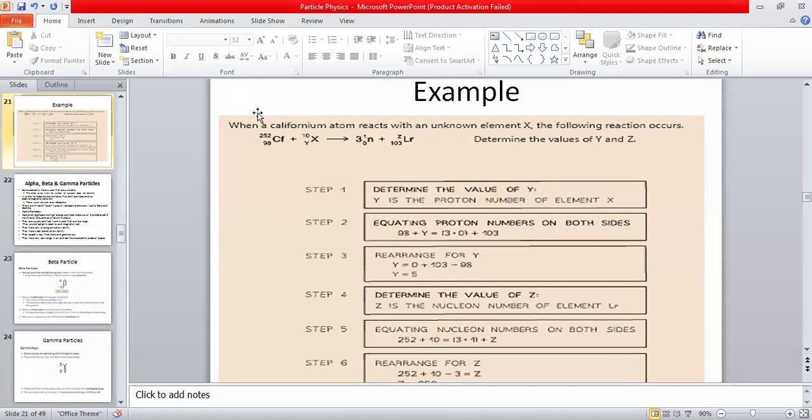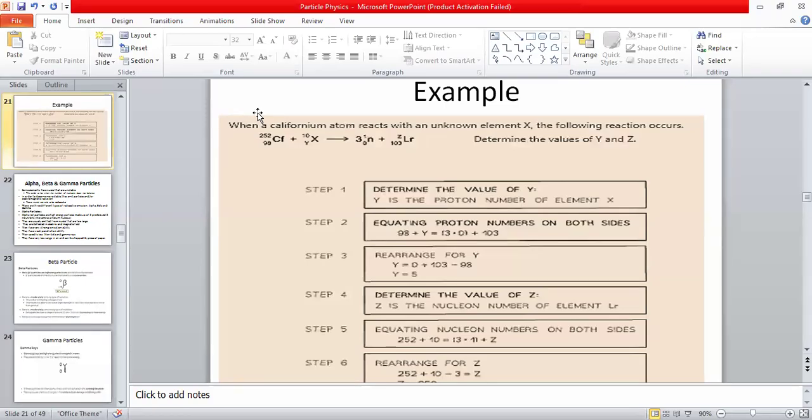Any clue who can give me how to find Y and Z? Anyone who can tell me how I am going to find out Y and Z? 252 plus 10 minus 3.